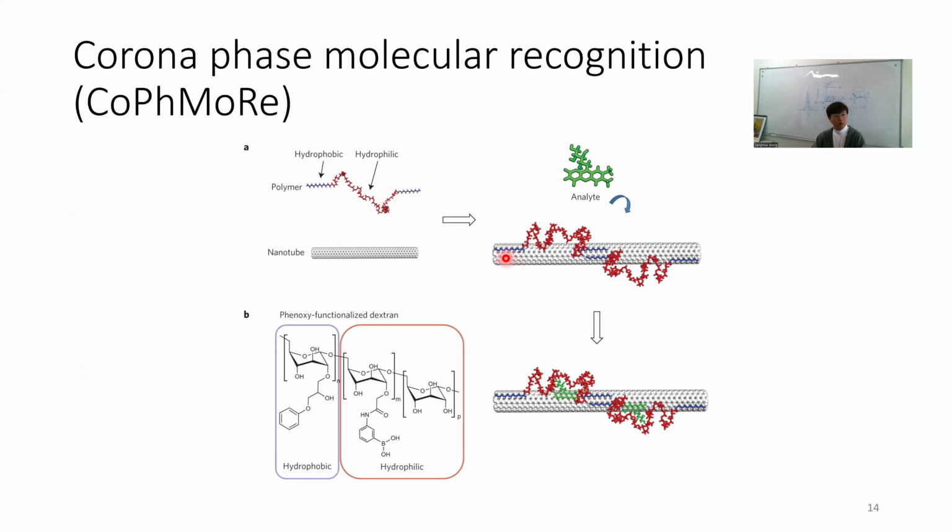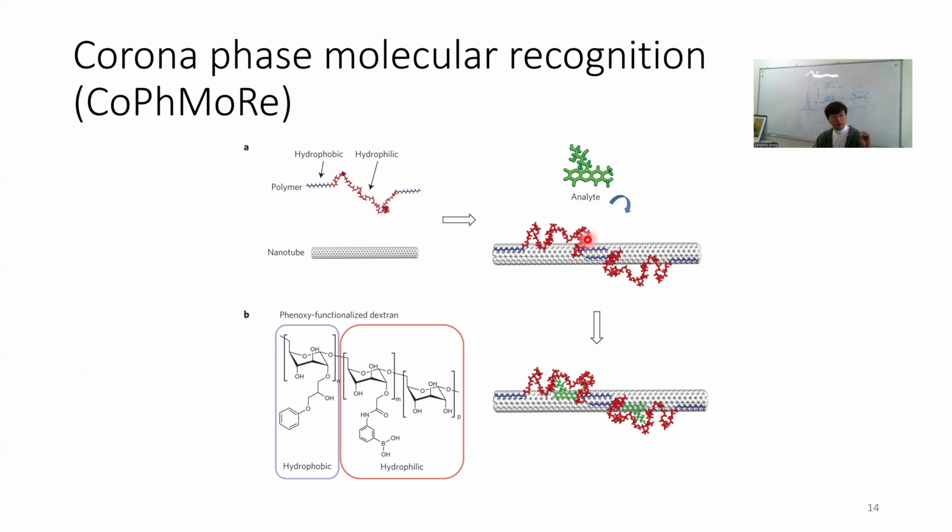So hydrophobic polymer parts are observed on the surface of the carbon nanotubes, and the hydrophilic part is more friendly with the water. They are trying to make large contact areas with the water, but they make some kind of 3D structures on the surface of the carbon nanotubes. That is what we call the corona phase.